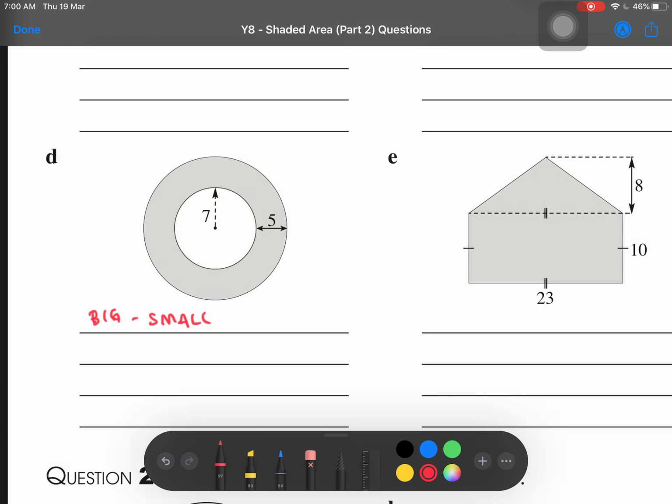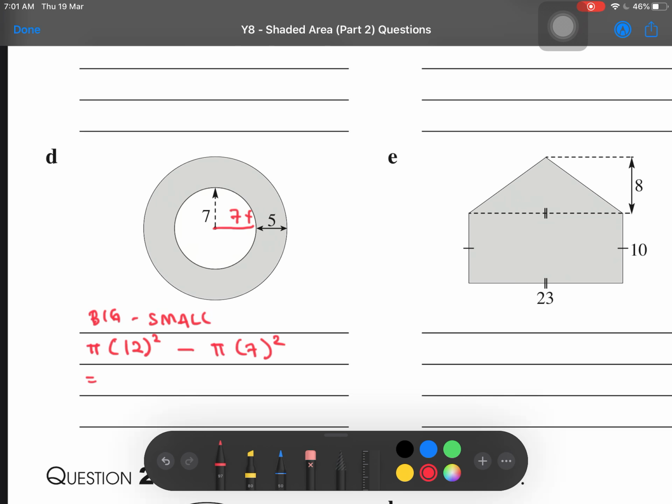So for the big one, the radius is 7 plus 5, which is 12. And the small circle, it's 7. So the working is very straightforward. It's pi r squared for both. It's just that pi 12 squared for the big one minus pi 7 squared for the small one. And this will give us the answer.